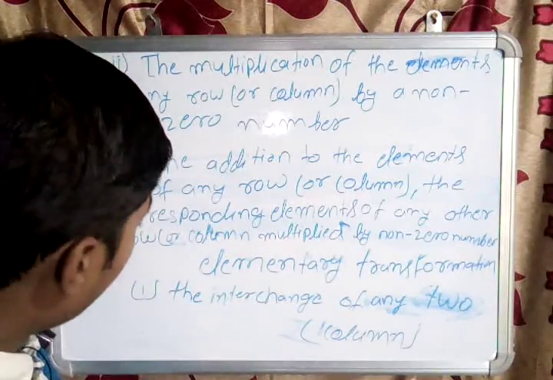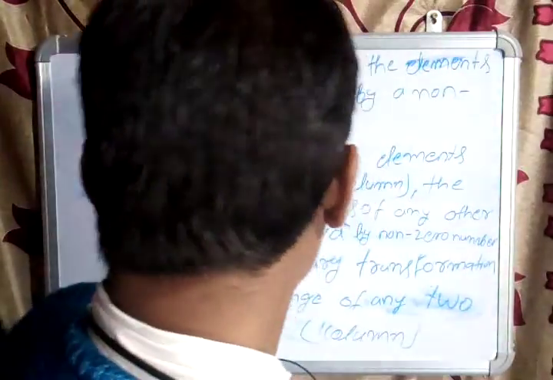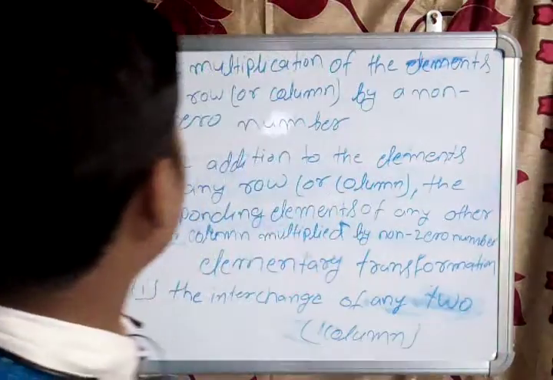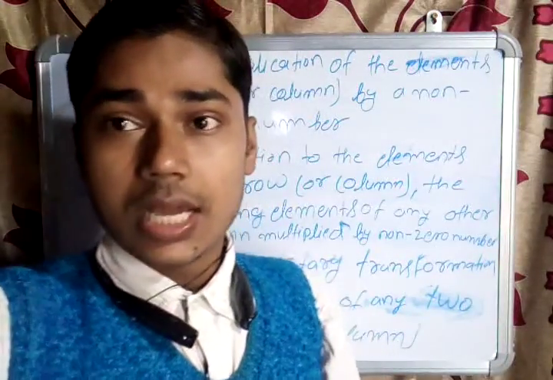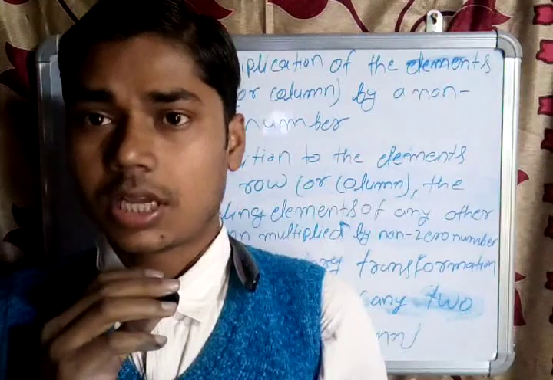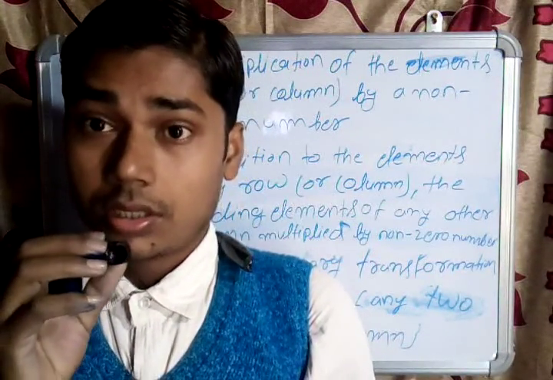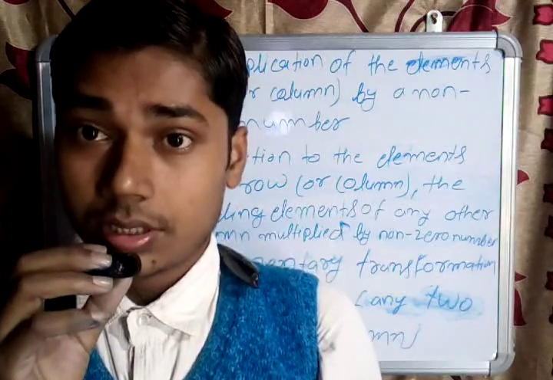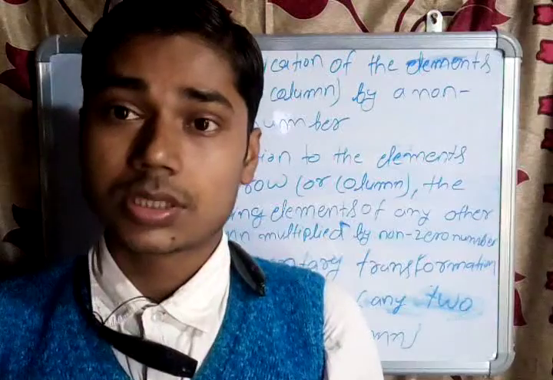And the symbol of elementary matrix or row. An elementary transformation is called row transformation or column transformation.